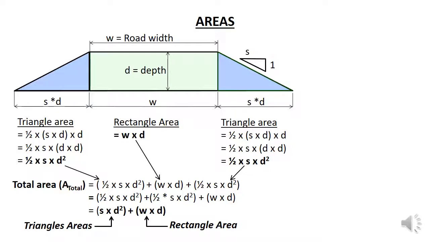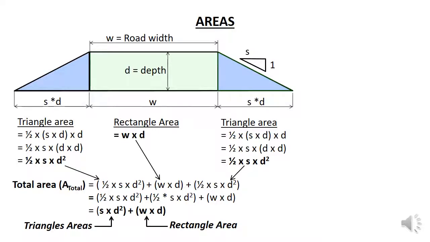Let's say that the letter D represents the depth of the section. And the letter S represents the horizontal distance the side slopes extend for each meter of depth. So that's much easier, just saying S rather than horizontal distance the side slopes extend for each meter of depth. You'd get sick of writing that after a while. So we just write S.